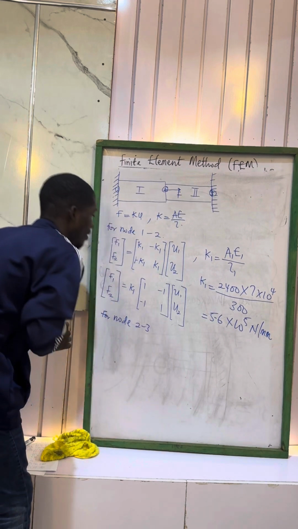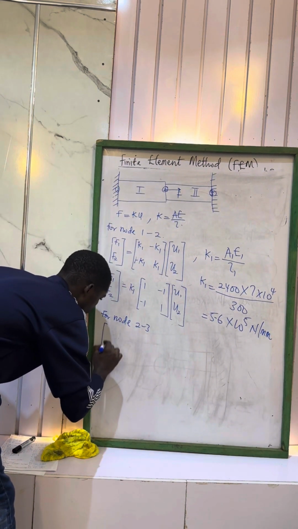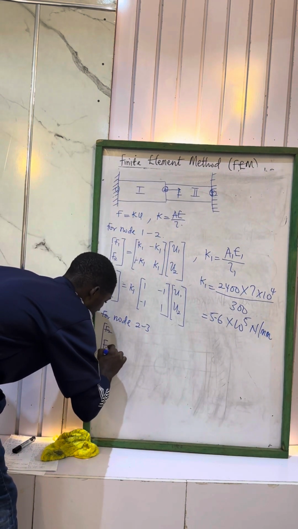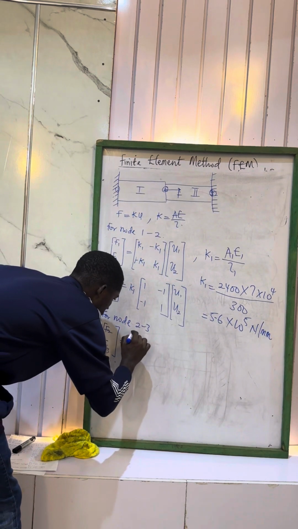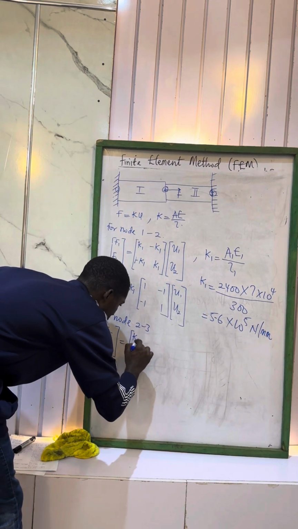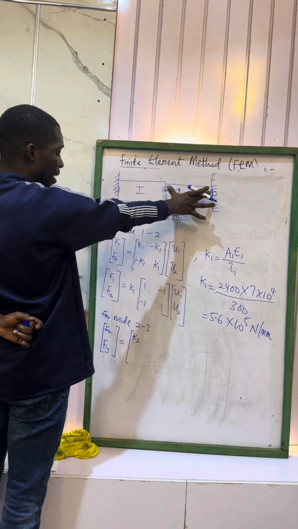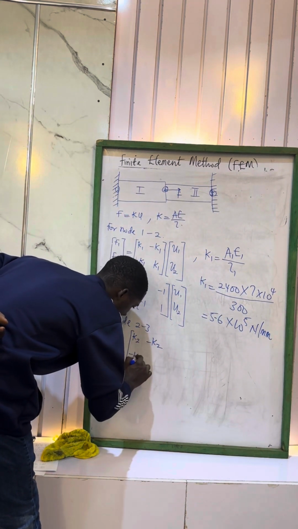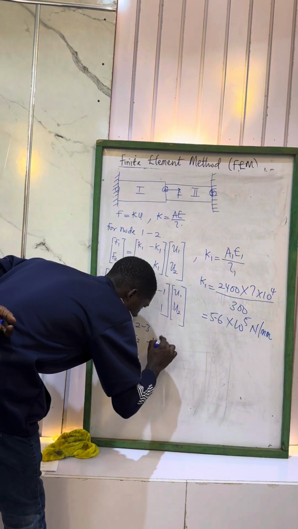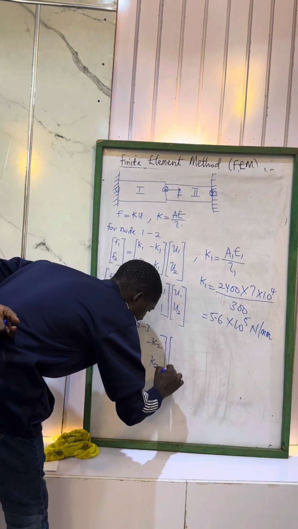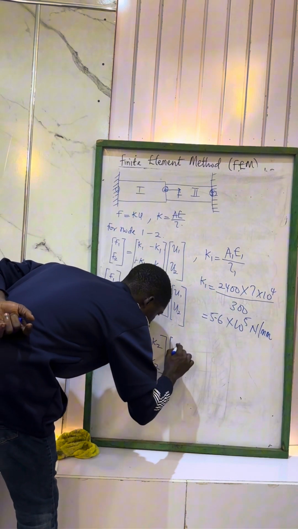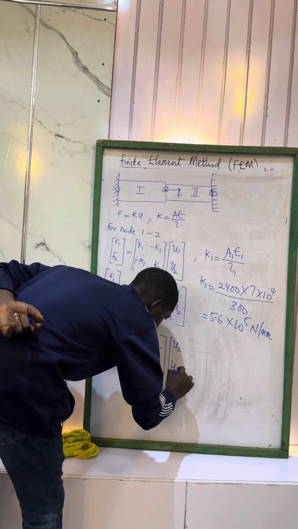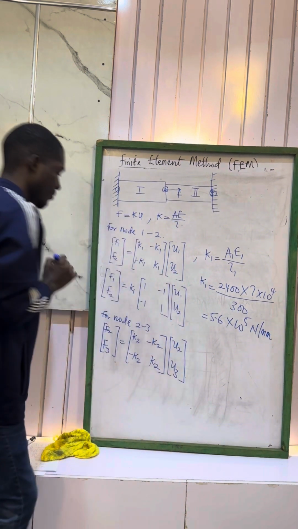For node 2 to 3, we have the same thing: F2, F3 equals, and let's represent the stiffness of element 2 with K2, then minus K2, minus K2, K2, and the displacement vector will be U2, then U3.